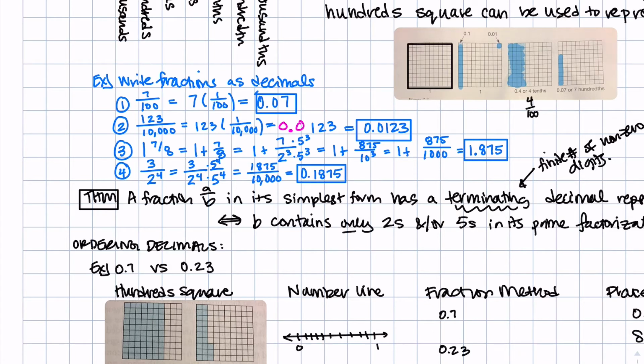In example 4, I also had a power of 2. I need to turn that denominator into a power of 10, right? But notice, if my denominator didn't have a power of 2 or 5, but it had some other prime powers, like 3 to some power or 7 to some power, I wouldn't be able to get a nice multiple or power of 10 in the denominator of that fraction.